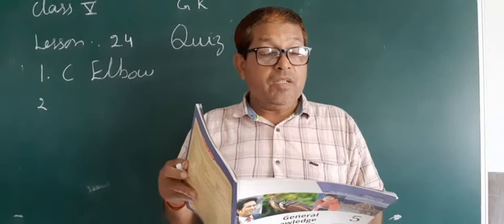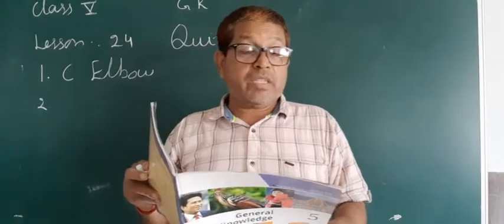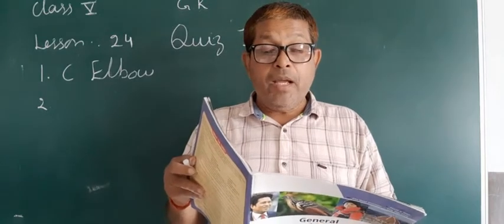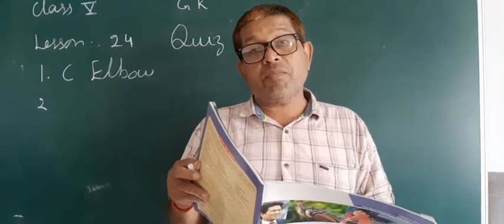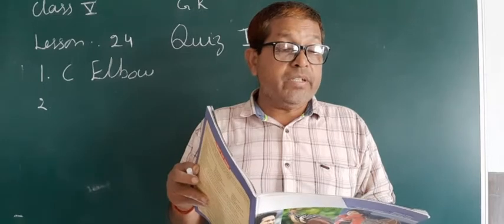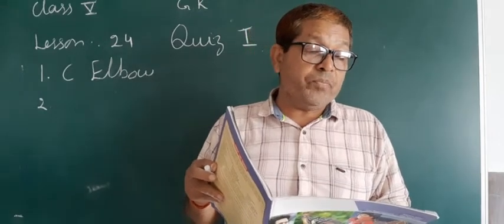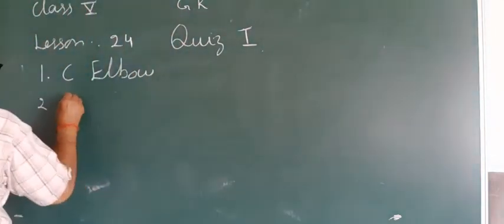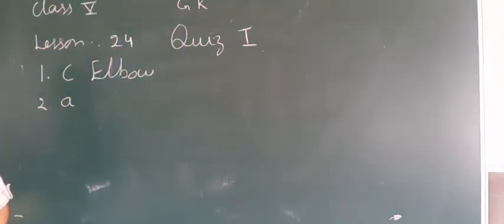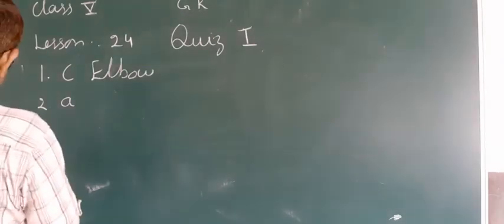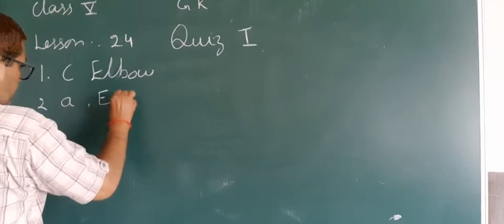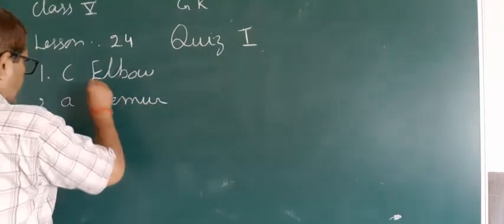Femur is also known as the thigh bone, pelvis is the hip bone and clavicle is the collarbone. So which one is the largest bone? A, femur. That is the correct option.